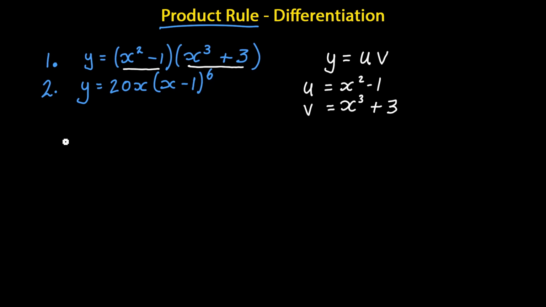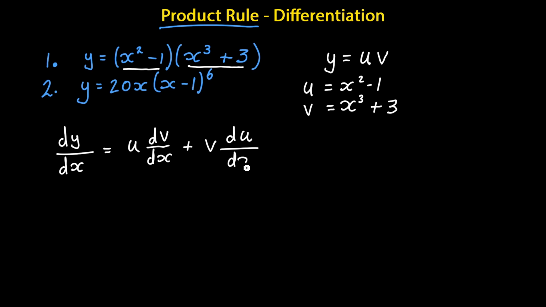But in order to find the derivative of y equals uv, we need to use the product rule. And the product rule, dy over dx, is equal to u dv dx plus v du dx.